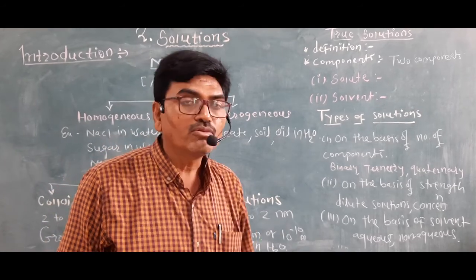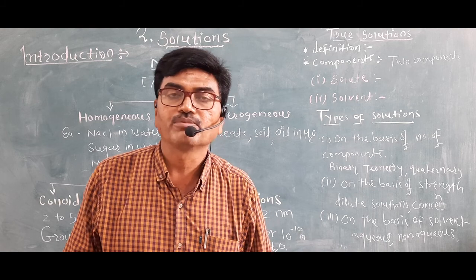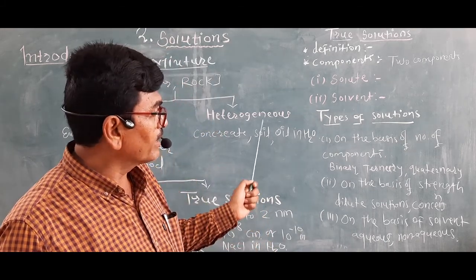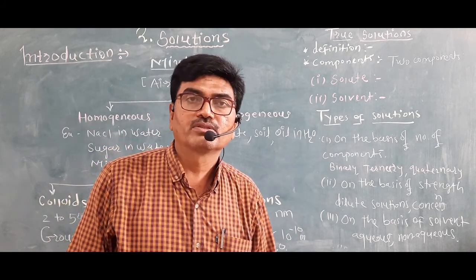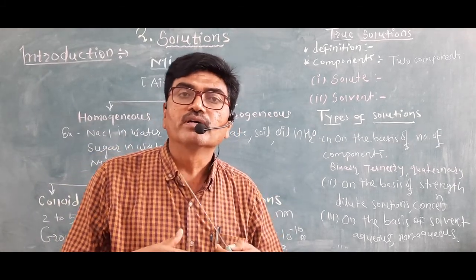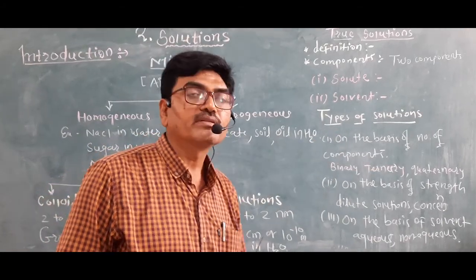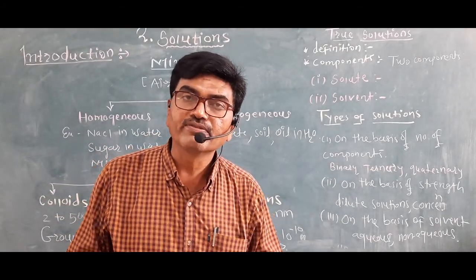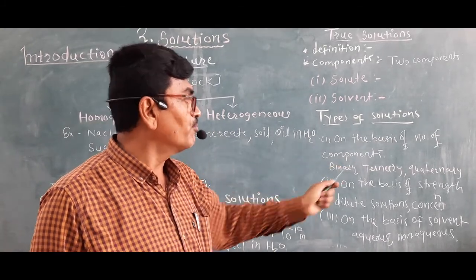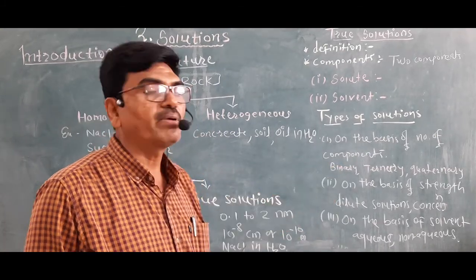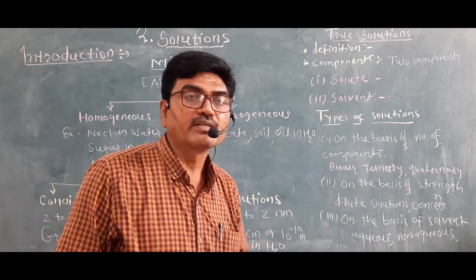So here we have to study the types of solutions. The classification of solutions can be done by different methods. On the basis of number of components, the solutions are classified like this: binary, ternary, quaternary.